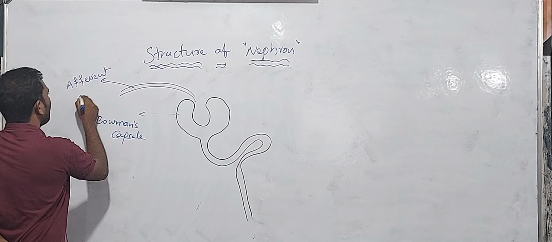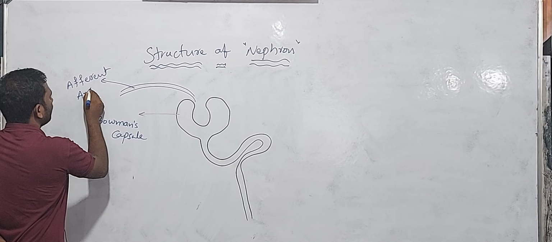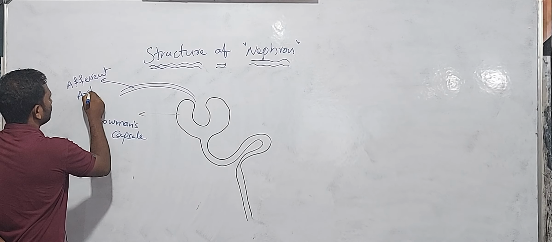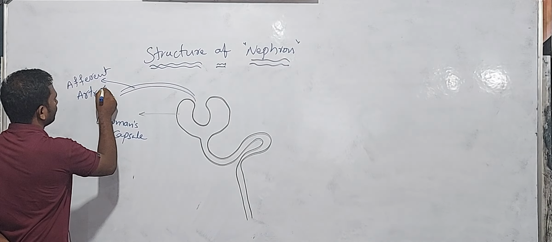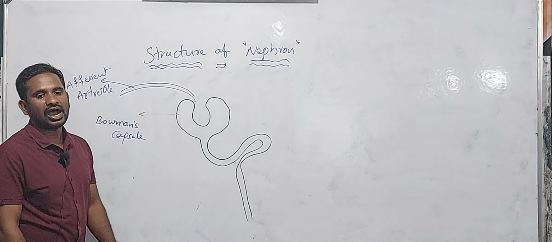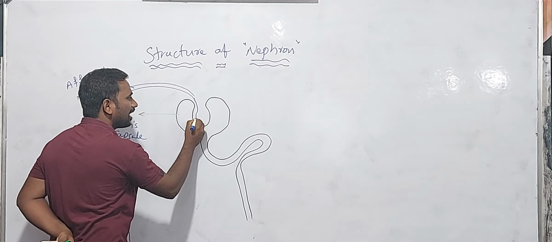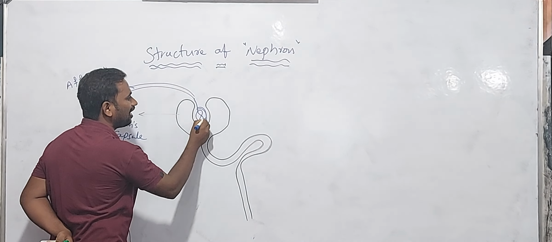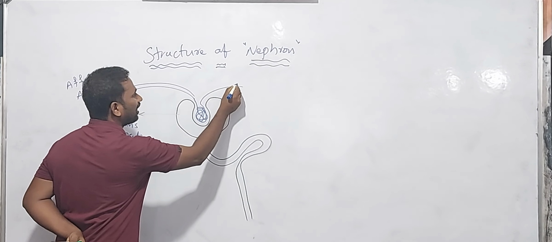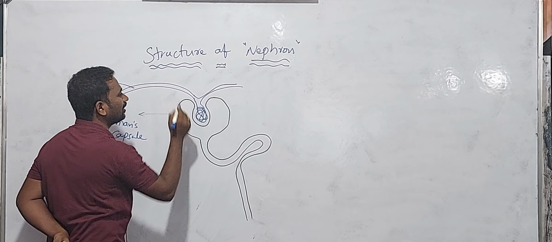The afferent arteriole forms a blood capillary network.